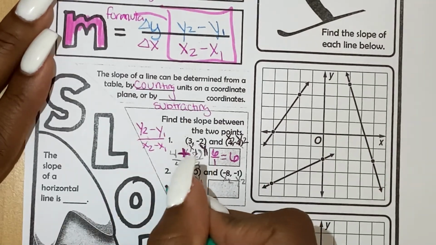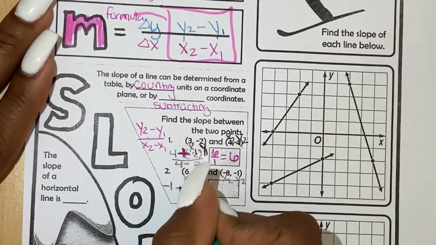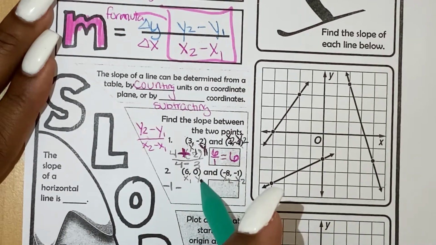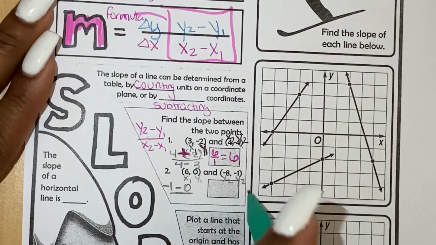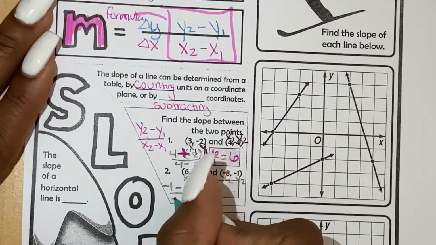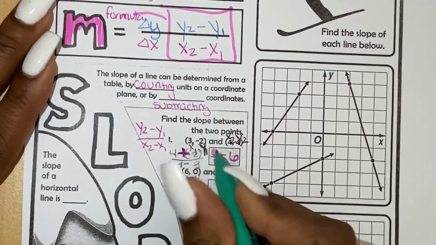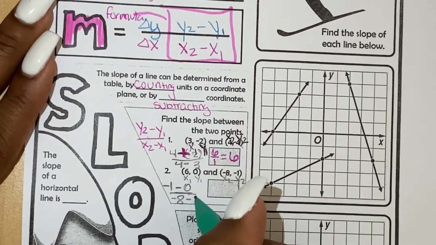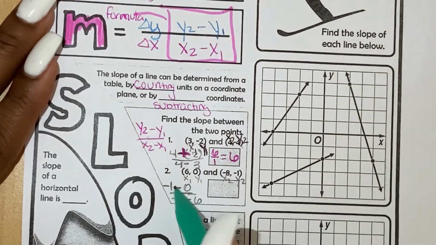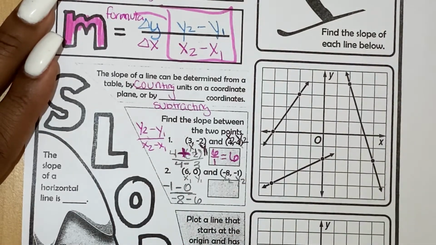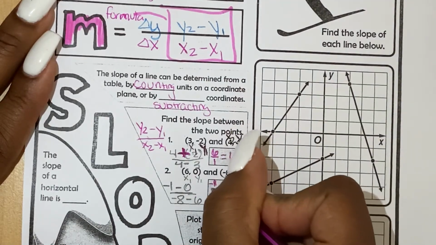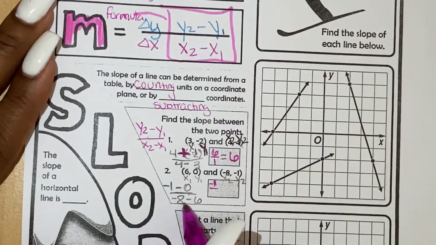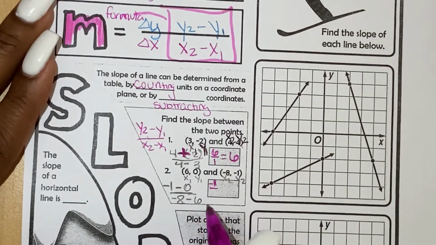Y2 is represented by -1 minus y1, which is 0, over x2, which is represented by that -8, minus x1, which is represented by 6. -1 minus 0 is still -1, over -8 minus 6.